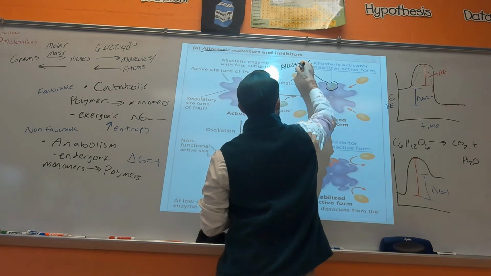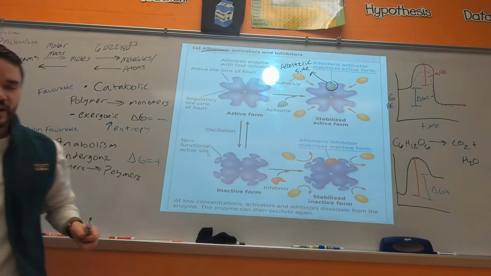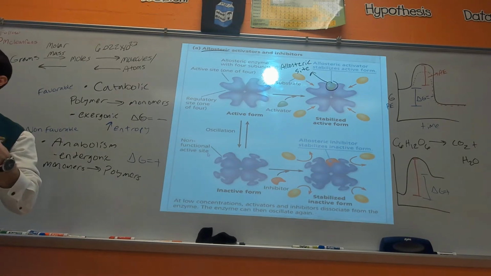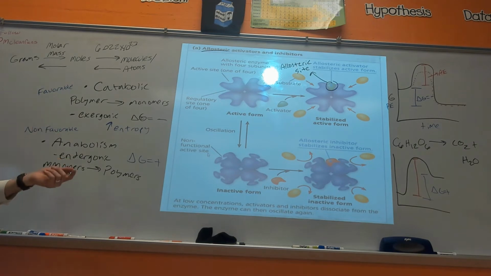Because here's your enzyme, and this is actually a complex of 4 enzymes. This is the active site where the substrate wants to bind. The allosteric site is a part on the enzyme, but it's not the main part of the enzyme that does the reaction. That's an allosteric site.